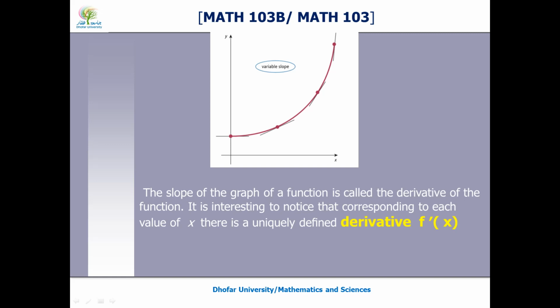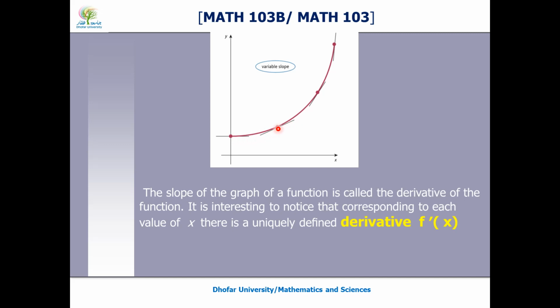The slope of the tangent line of a function at a certain value of x is called the derivative of the function. So if we find the slope of the tangent line at x equals 0, this will be the derivative of the function at x equals 0.